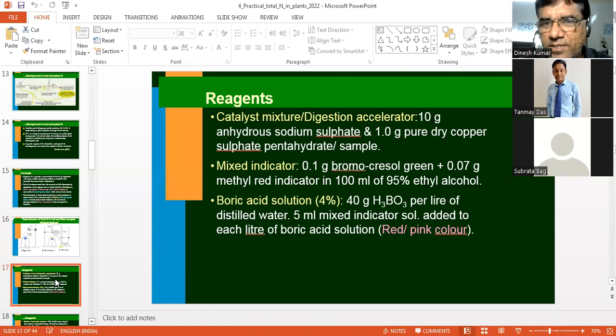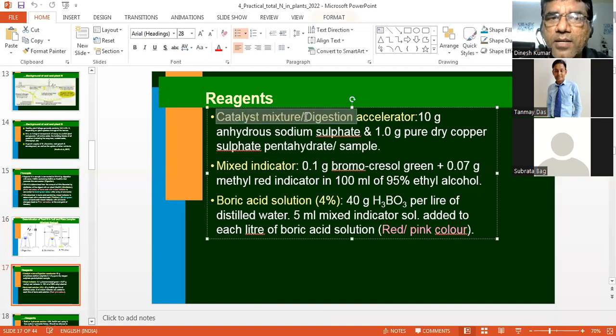Now see the reagents. The reagents are the catalyst mixture, or digestion accelerator. It can be made with 10 grams of anhydrous sodium sulfate and 1 gram of pure dry copper sulfate pentahydrate per sample.